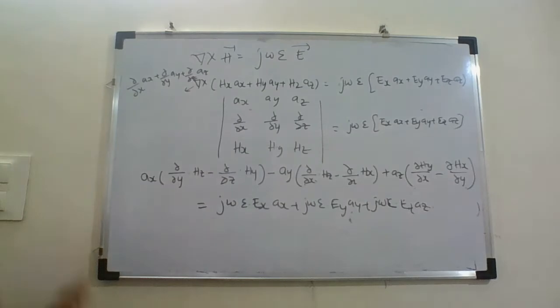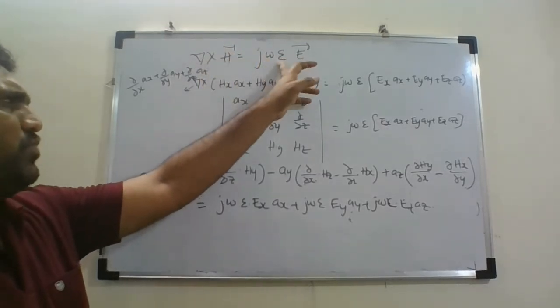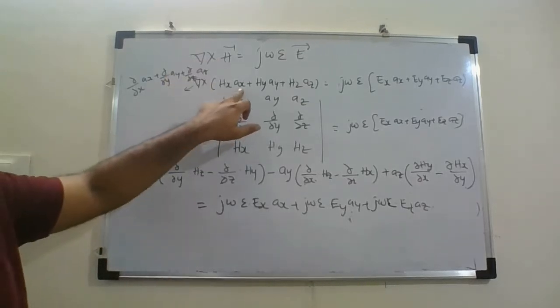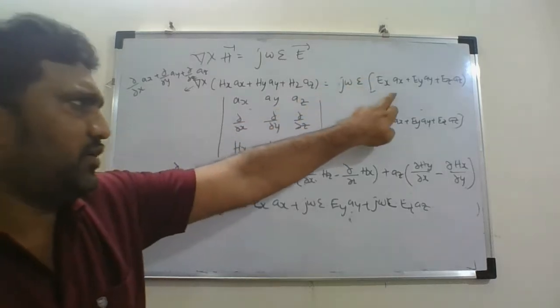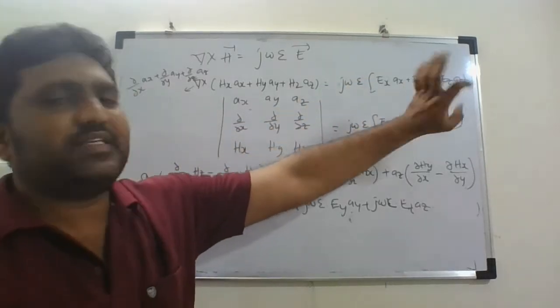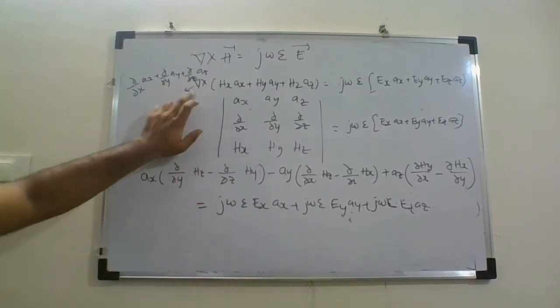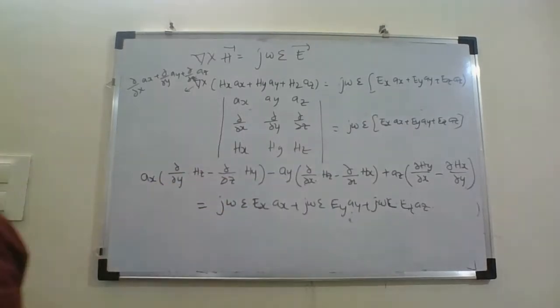So I have taken this Maxwell's equation, del cross H bar is equal to jωε into E bar. H bar can be written as Hx Ax, Hy Ay, Hz Az, and E bar as Ex Ax plus Ey Ay plus Ez Az. I have taken the cross product of del and this, and written it like this.